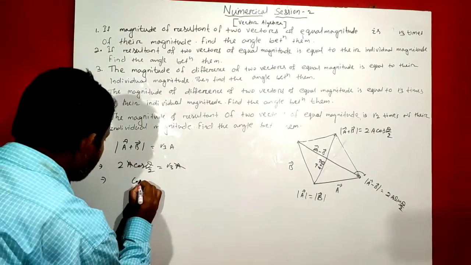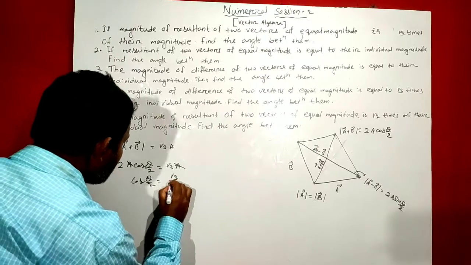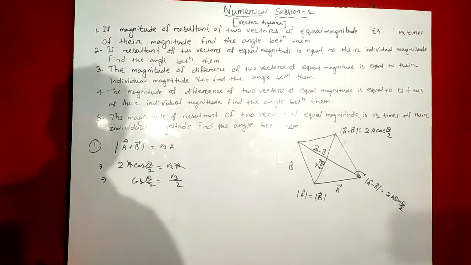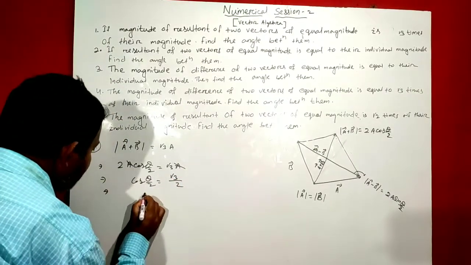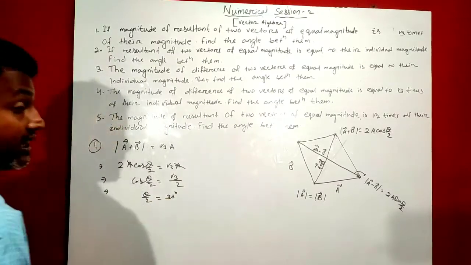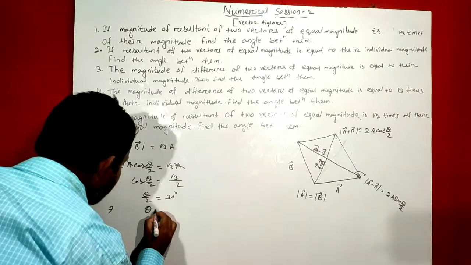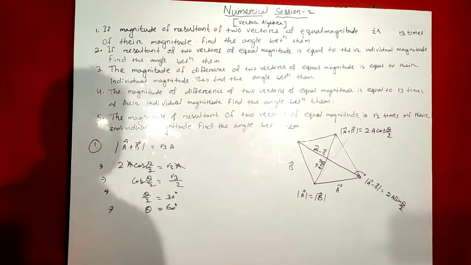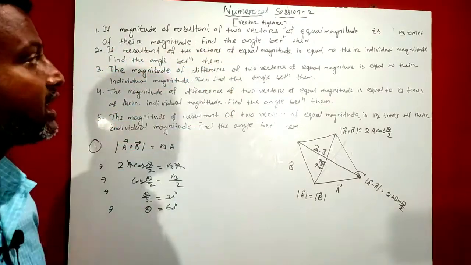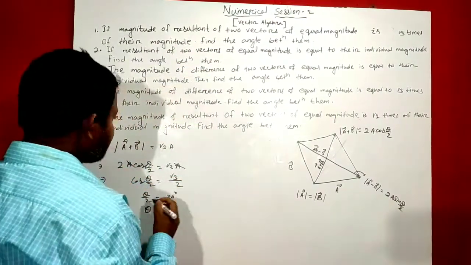That means cos theta by 2 is equal to root 3 by 2, so theta by 2 is equal to 30 degrees, since cos 30 is root 3 by 2. So theta is equal to 60 degrees. That means the angle between the two vectors is 60 degrees.